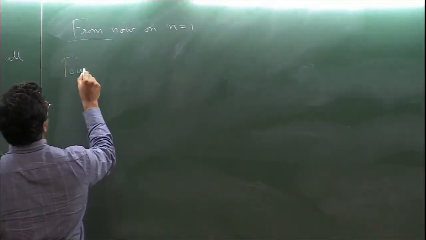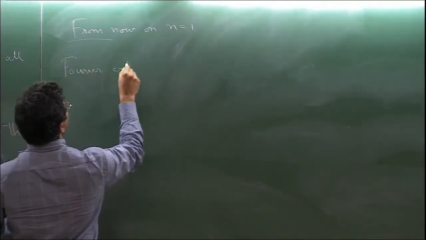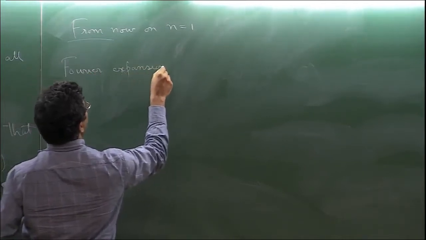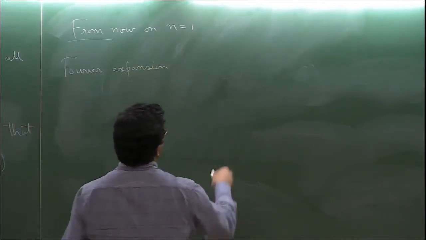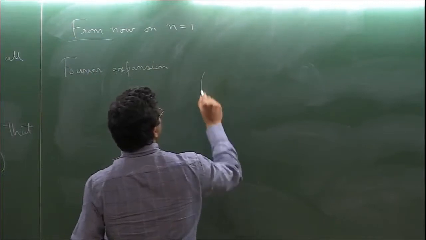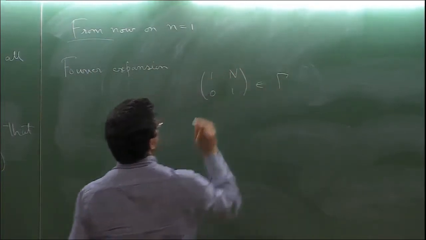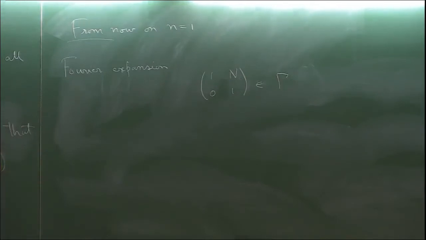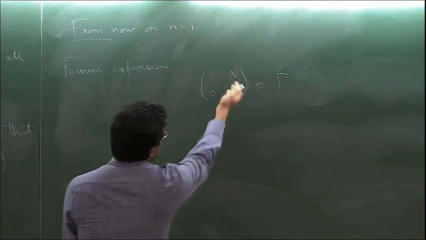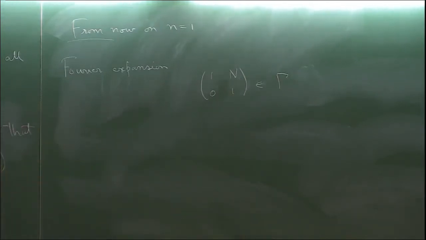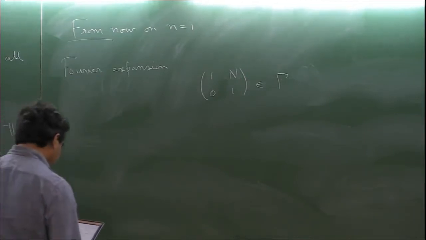Okay, so Fourier expansion. For any congruence subgroup gamma, the matrix (1 n; 0 1), for an appropriate n, always belongs to gamma because it belongs to gamma of n.